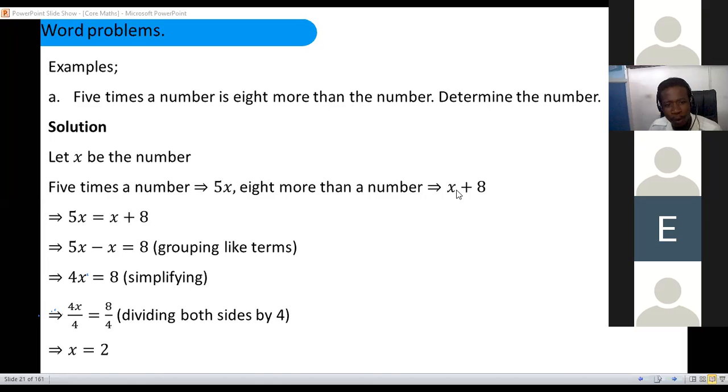Now we form the equation per the statement. That is 5 times a number is 8 more than the number. Then we're going to have 5x is equal to x plus 8.